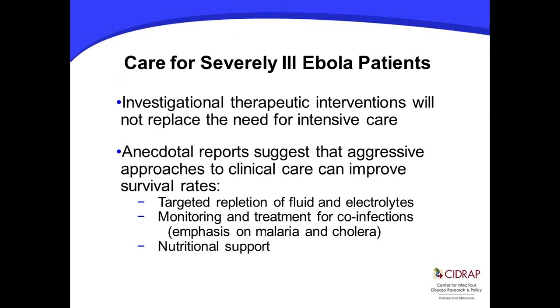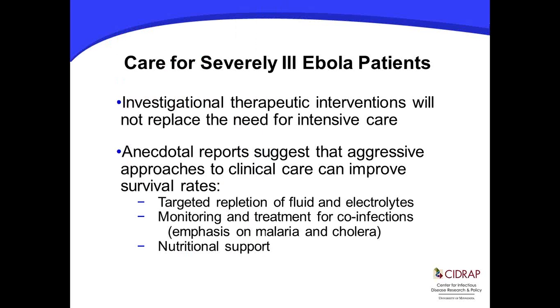In care for the severely ill Ebola patients, we've learned clearly from the United States that with the kind of therapeutic interventions we've seen used here in people being treated in the United States, we can take Ebola from being an almost always fatal disease to one in which it is not.